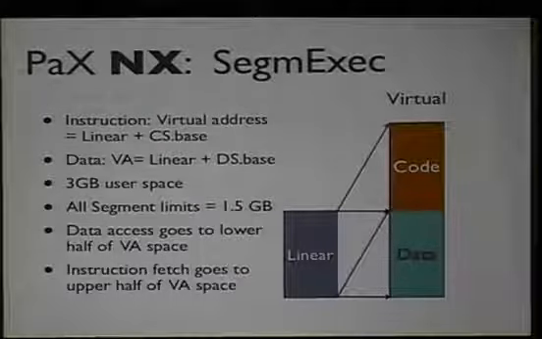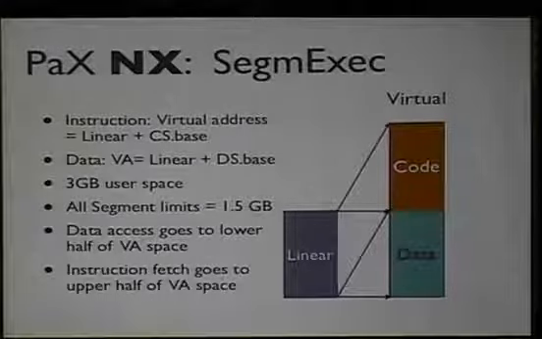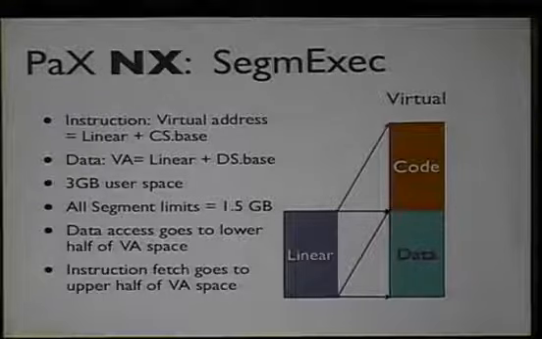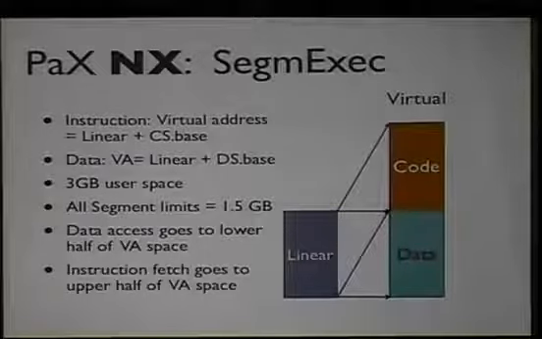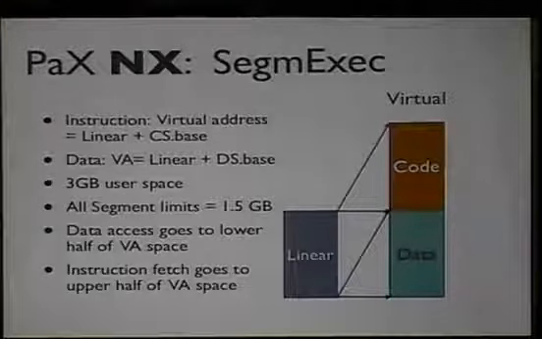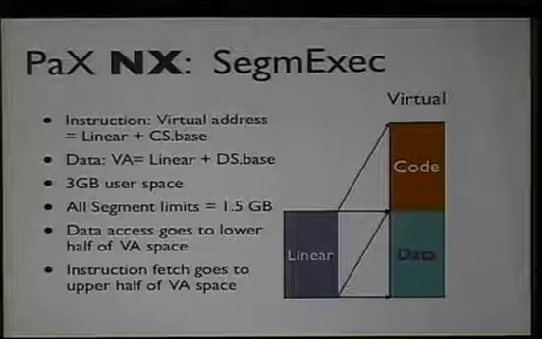So you would send your instruction fetches to the upper half of your memory space, and you would send your data access path to the lower one. And it's pretty nifty. Unfortunately, it halves the available amount of your address space. Not that you could use 3 gigabytes so easily back then.